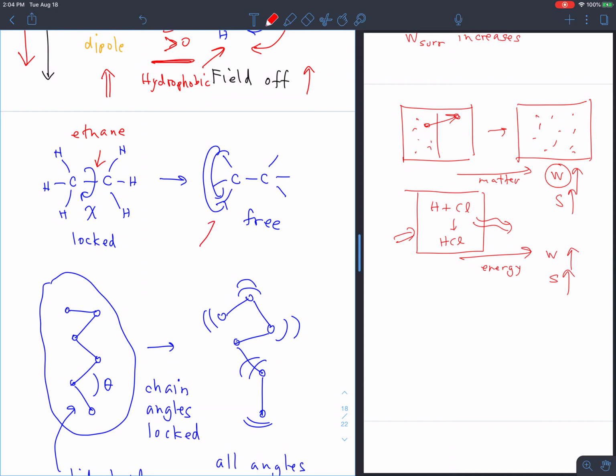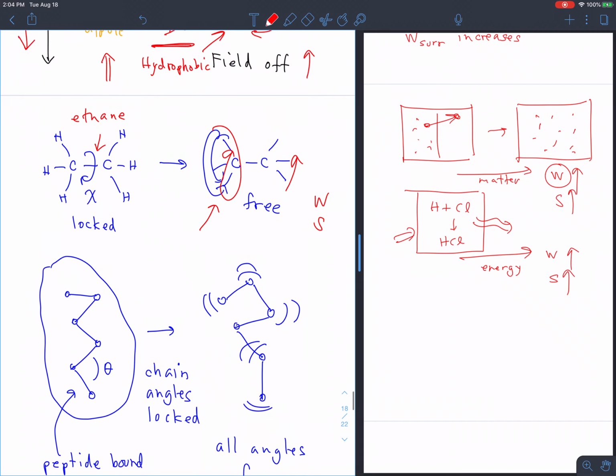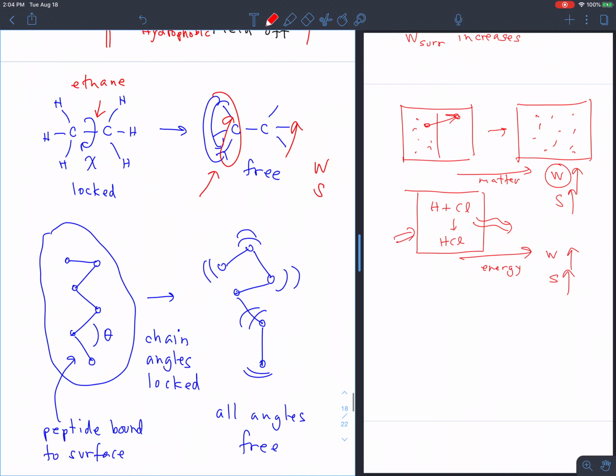And if I then unlock it, this end of the molecule can spin freely relative to this end of the molecule, and therefore I have an extra degree of freedom, or the range of one of the degrees of freedom in the molecule has increased. Therefore, W is increased. Therefore, entropy is increased. That's called internal rotational freedom, internal rotational entropy.